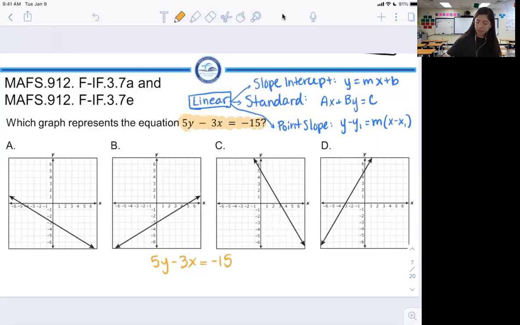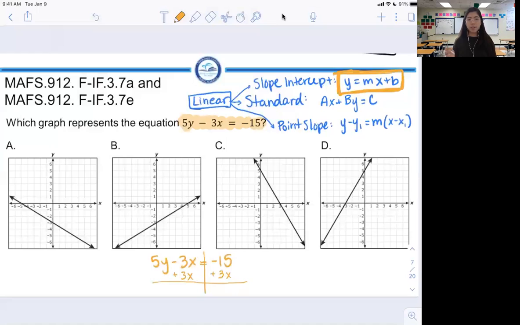Good, Emily. Why am I adding 3x? What's your goal? What does that help us to do? We're trying to get it into y equals mx plus b. Remember, slope-intercept form is the best form ever because it tells you everything you need to know. It tells you the slope and the y-intercept.